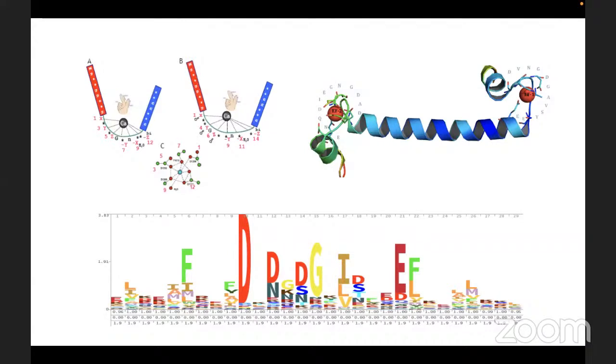So this loop is something that we have to predict from the protein family. Below, you will see a graph that has residues written into it. It signifies the frequency of these amino acids found in the entire family.